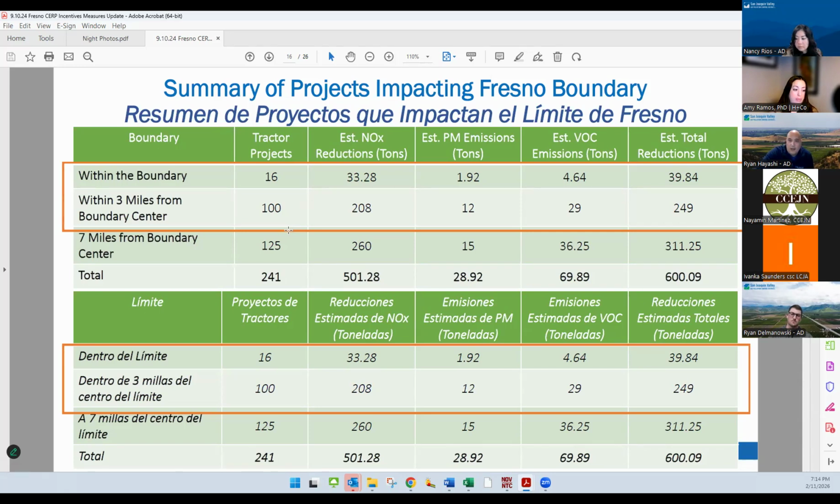We have 16 projects within the boundary that, if funded, would get about 33 tons of NOx, almost 2 tons of PM, a significant portion of that diesel particulate matter, which is known to be one of the most carcinogenic compounds, and nearly 5 tons of VOC emissions. As you can see, it's a lot of emissions associated with these different pieces of equipment.